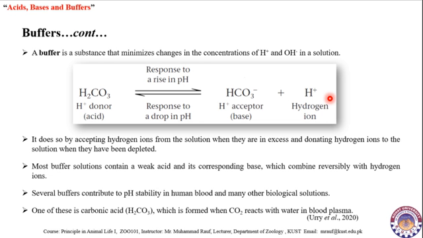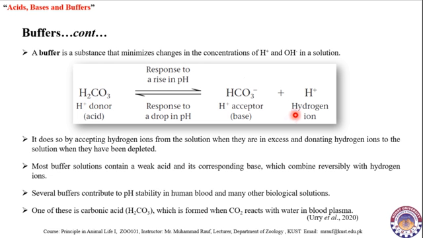So in either case there will be no harmful effect, no drastic change in the pH. I am repeating once again, if an acid is added, acid increases the concentration of hydrogen ions. So what will happen in that case? The reaction will move in the backward direction, and carbonic acid will be produced.